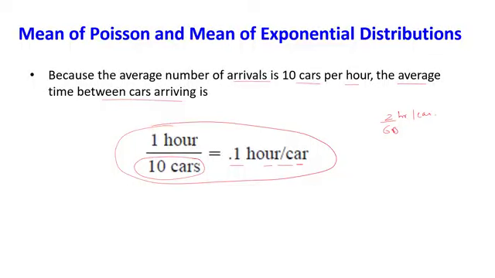Between every two cars, I'm saying it takes 2 minutes, so it is 2 by 60 hour per car. To calculate the rate, now it would be 1 by 2 by 60.